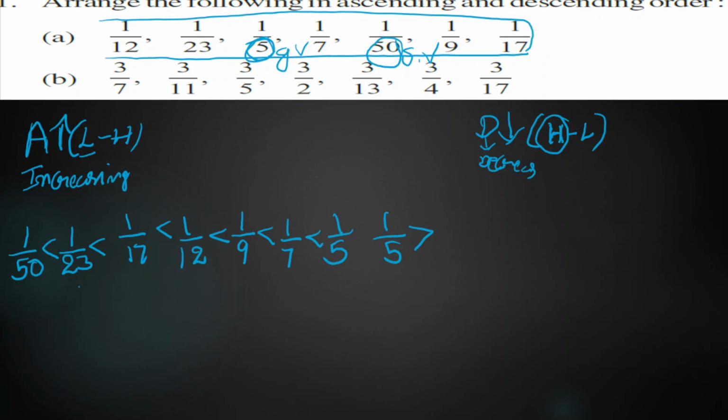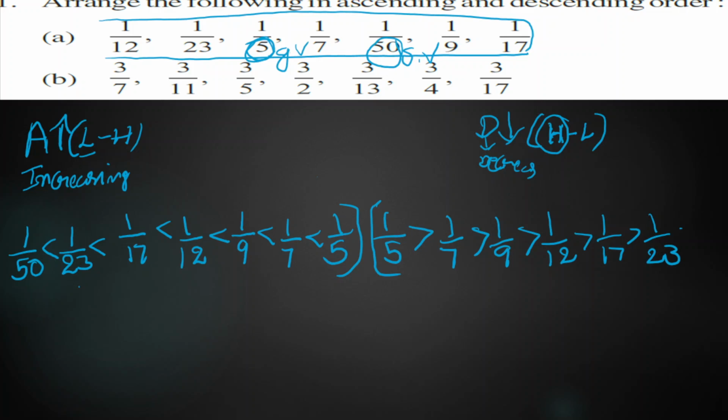So 1 by 5 is greater than 1 by 7, and this 1 by 7 is greater than 1 by 9, and 1 by 9 is greater than 1 by 12, and this is greater than 1 by 17. This is greater than 1 by 23, and this is greater than 1 by 50.